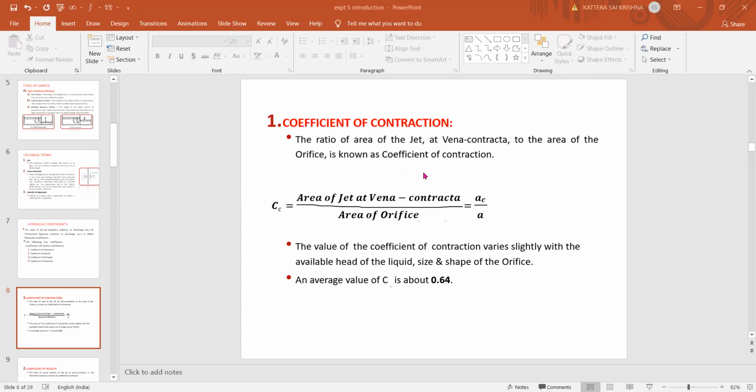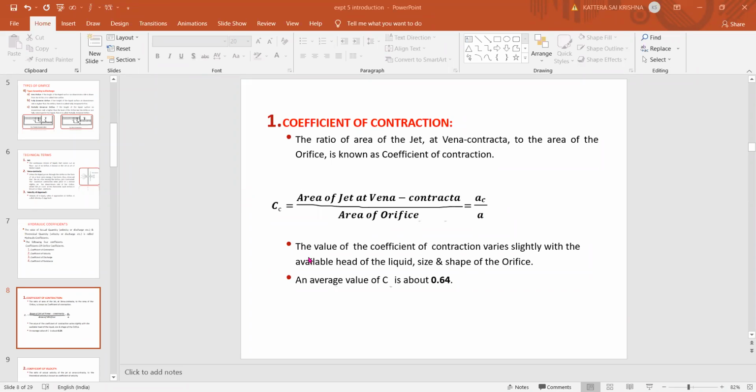In today's experiment, we are only calculating the coefficient of discharge. But if you want to calculate the coefficient of contraction, we also need to know the area of the vena contracta. So CC, the coefficient of contraction, equals AC by A, where AC is the area of the jet at vena contracta and small a is the area of the orifice.